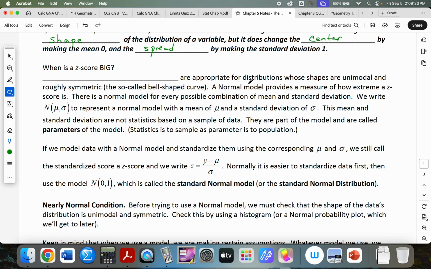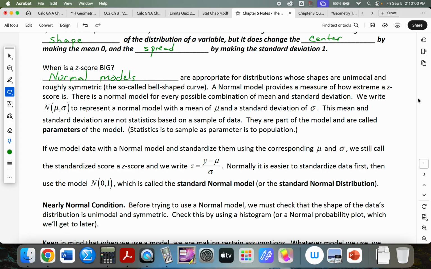But, and I sometimes wish that your book had done this as 2 separate chapters, because z-scores are one thing and the next thing we're going to talk about is actually a different thing, but you can use them both together effectively a lot of times. So, normal models are appropriate for distributions whose shapes are unimodal and roughly symmetric. It doesn't have to be perfectly symmetric, but roughly symmetric.